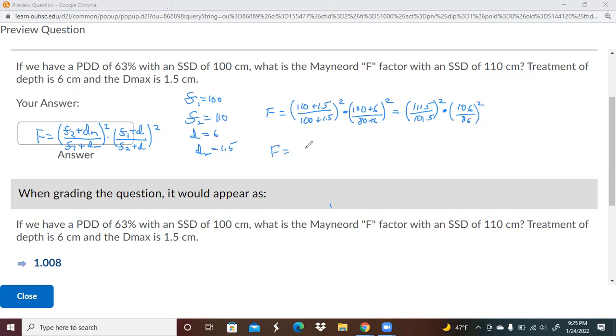So F is going to end up being 111.5 squared over, if I get that drawn, I have a hard time with the stylus sometimes, 101.5, coming at you live, 101.5 squared. All right, let's try 106 squared over 86 squared. And the numbers turn out to be, and I'm going to have to do the multiplication here.